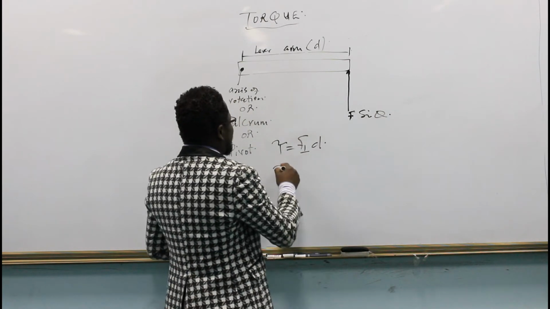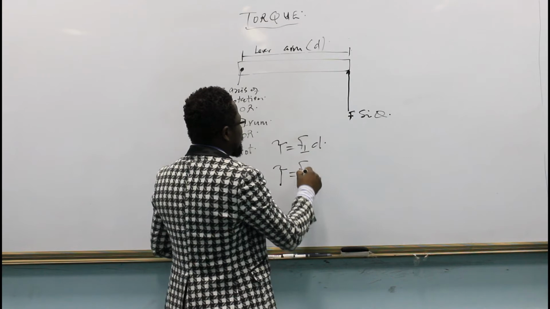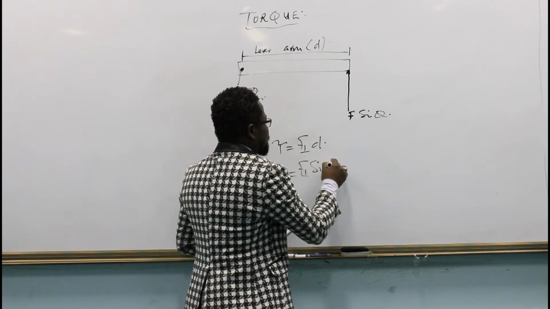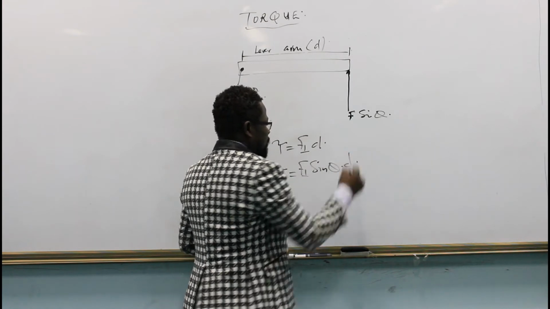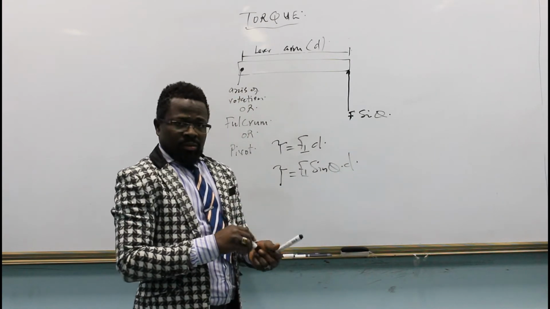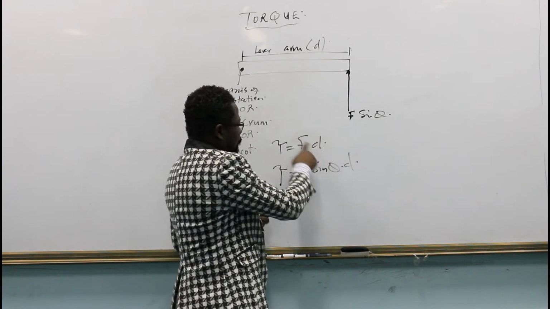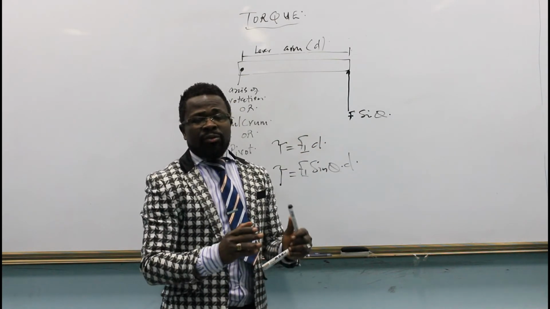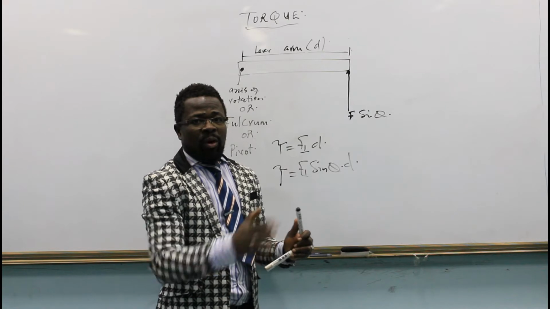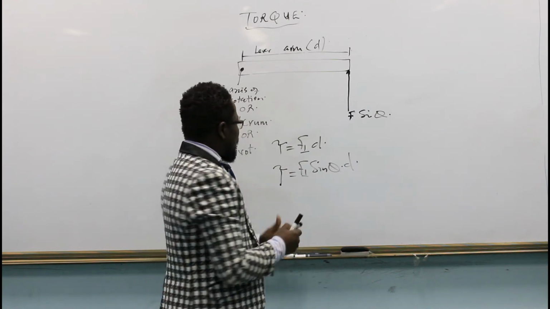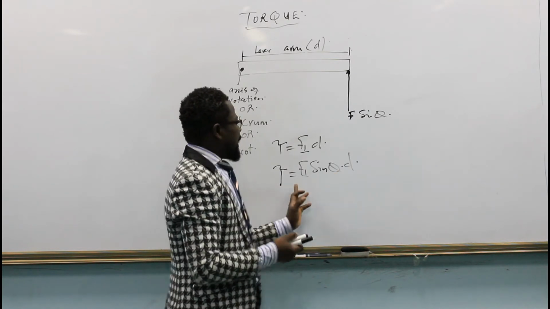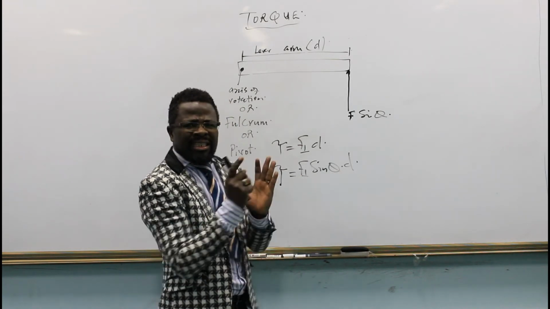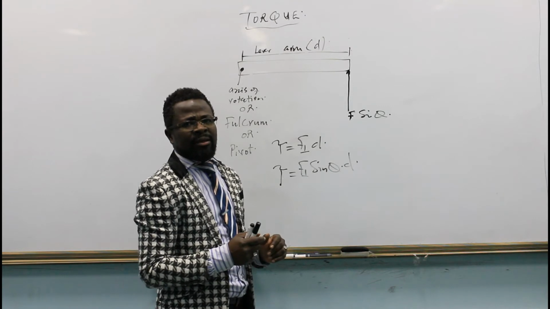Then our torque is going to be the force multiplied by sine theta multiplied by the distance. This first one is when the force is applied at a perpendicular angle to the distance, and this one is when it is applied at an angle which is not perpendicular. The force is inclined.